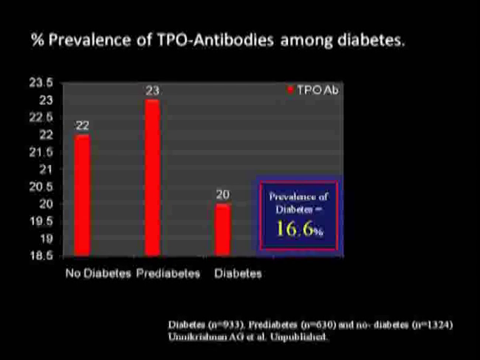Whereas in type 1 diabetes we found 20 to 30% had TPO antibodies and hypothyroidism. We also studied the prevalence of TPO antibodies in people without diabetes, with pre-diabetes and with diabetes. While these bars look very different, just look at the numbers, they're virtually the same: 22% in people without diabetes, 23% in pre-diabetes, 20% in diabetes, with good numbers, 933 people with diabetes and 1,324 without.